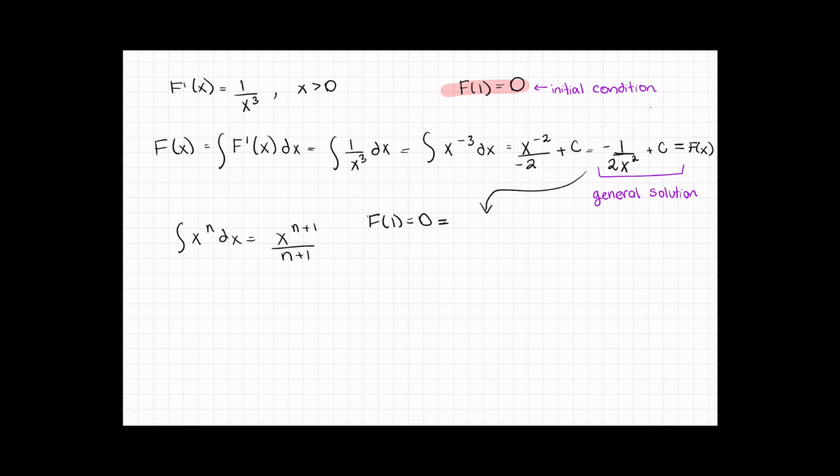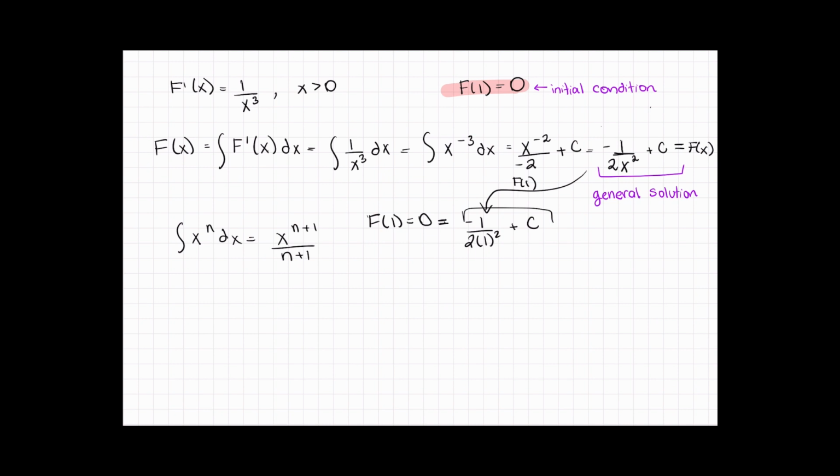I'm going to take this, plop it in here, and have it with 1. So it's negative 1 over 2 times 1 squared plus c. Now take a moment to really absorb this, because this right here is the crux of the initial condition. Finding a particular solution with an initial condition. So in the end, this right here is also f of 1, this whole thing.